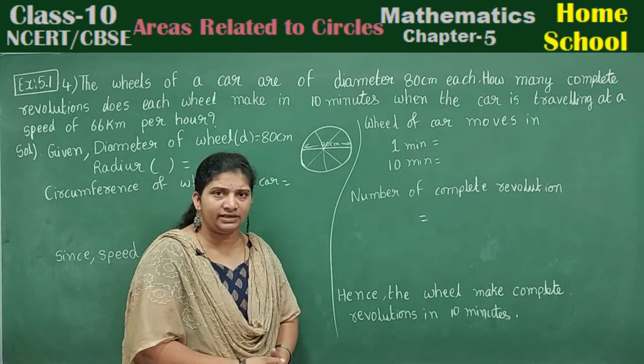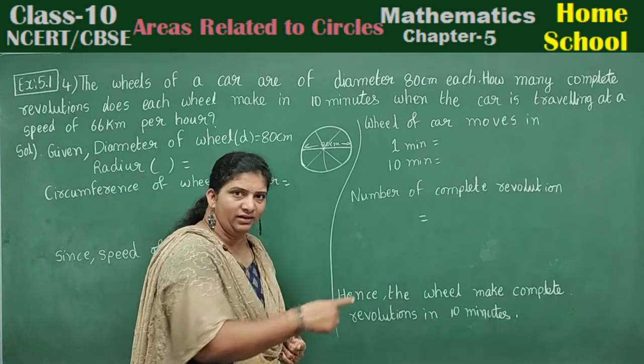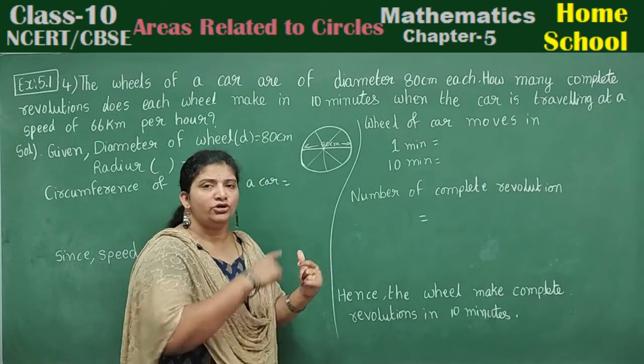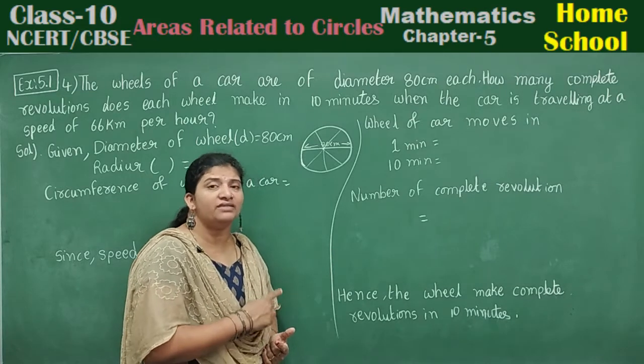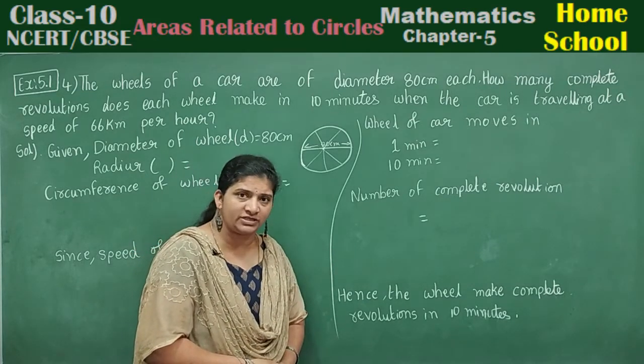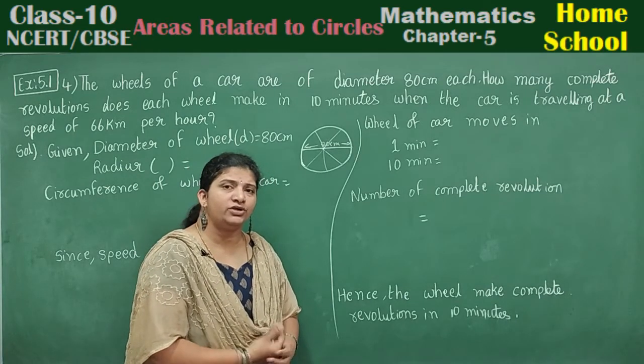What is the formula here? Total distance covered by the wheel in 10 minutes. We know the speed, right? Total distance traveled by the wheel in 10 minutes with a speed of 66 kilometers per hour, divided by what? We need to divide by the wheel circumference.